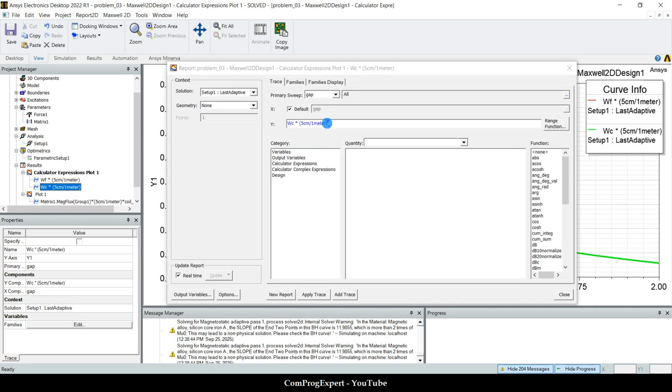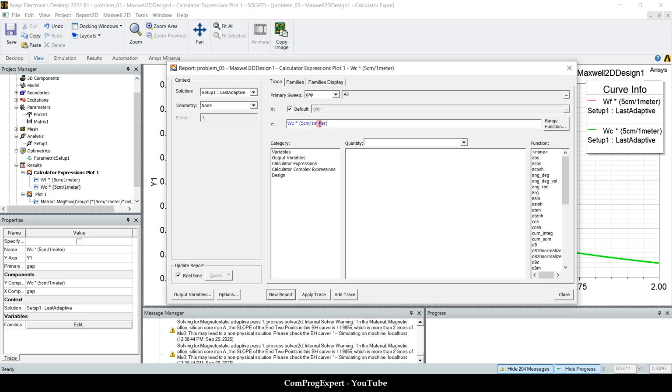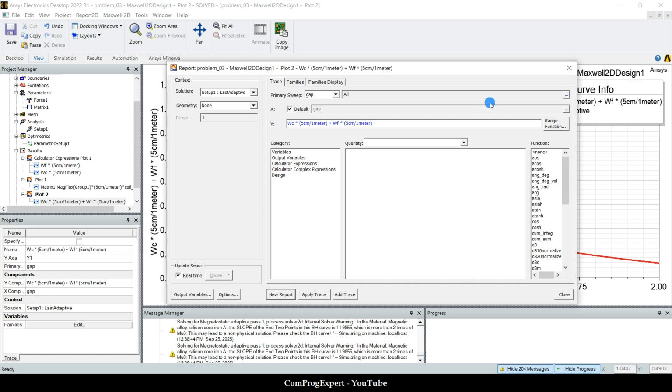Now if I sum up the co-energy plus energy, yes, the co-energy plus the energy, here we just need to do this summation. This is energy plus co-energy.